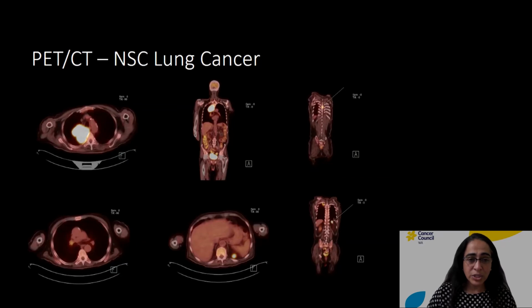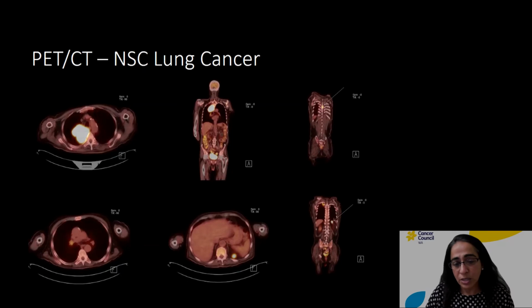On the axial images, on the coronal images, there's uptake in the right hilar lymph node as well, and there's uptake in that nodule in the upper abdomen, indicating it's a metastatic disease. We had picked these on CT, and in addition, we can see there's actually a hot spot in the spine as well, indicating osseous metastases in this patient.